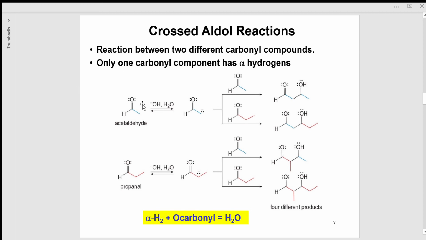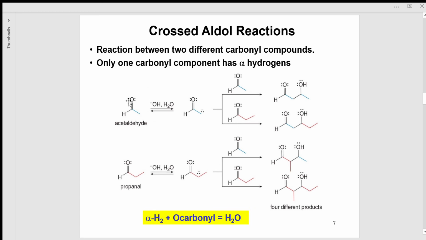One provides the alpha hydrogen, and another one provides the carbonyl oxygen. If one of the two molecules does not have alpha hydrogen, then the second one has to provide the alpha hydrogen. In this case, we have only one product.